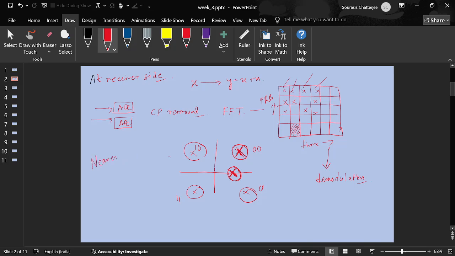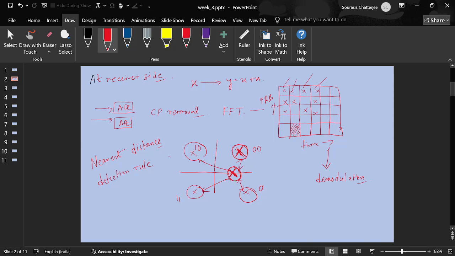Okay, as you said, we do something called the nearest distance detection rule. So basically, as you told, we are going to compute this distance here, this distance here, this one here, and this one here.